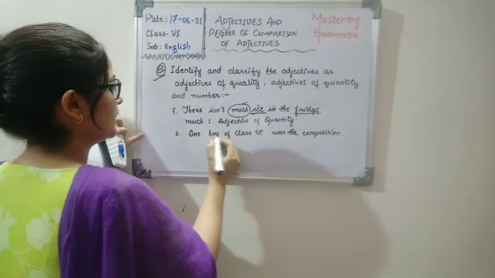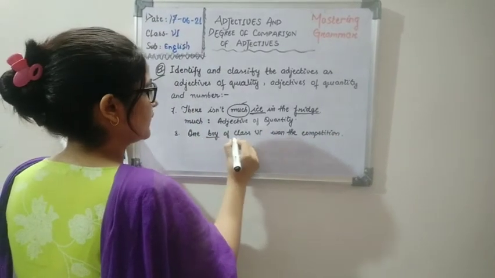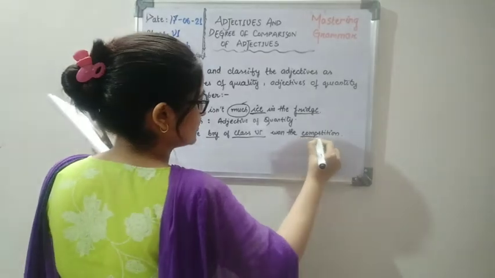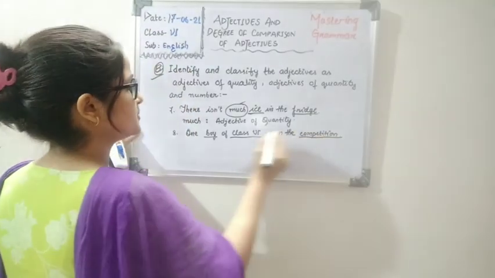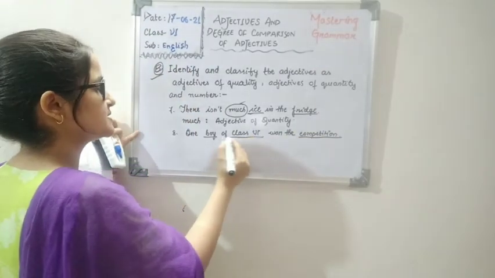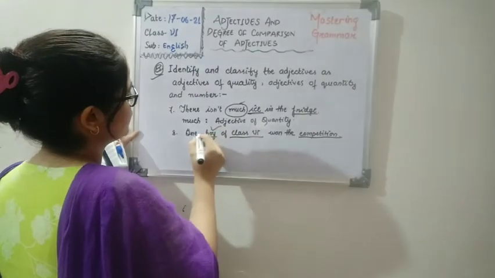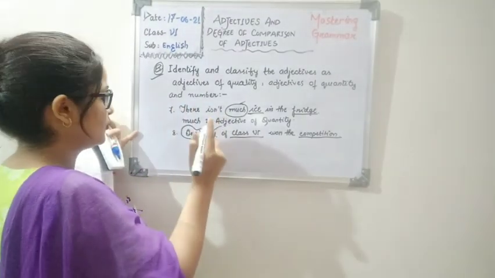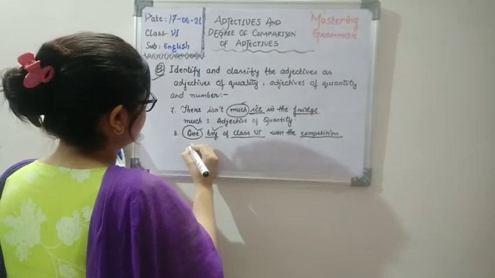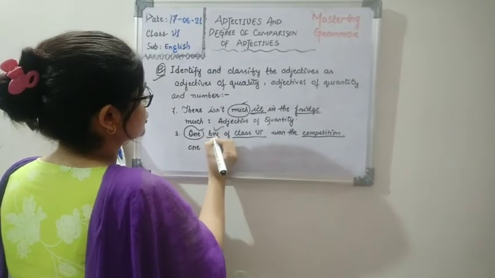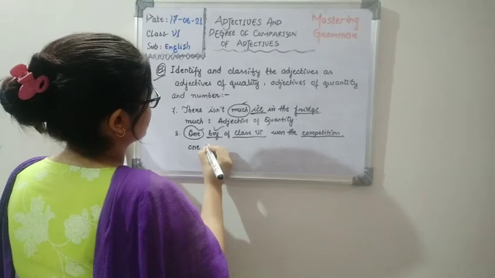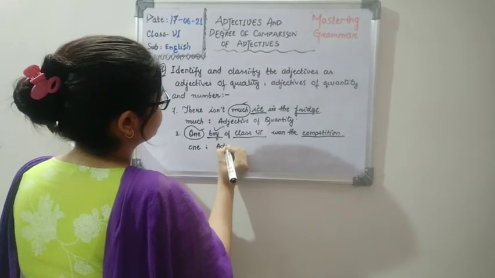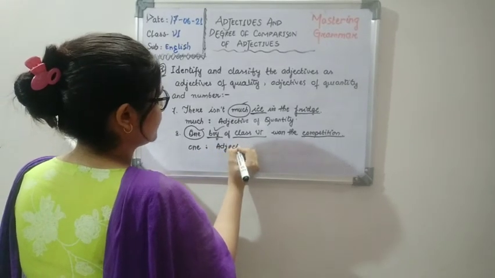So one boy. Now the nouns are boy, class 6 and competition. Nothing about competition, nothing about class 6, but about the boy we know that he was one in number. Only one boy won it. So here the word one, which is used with a countable noun, is adjective of number.